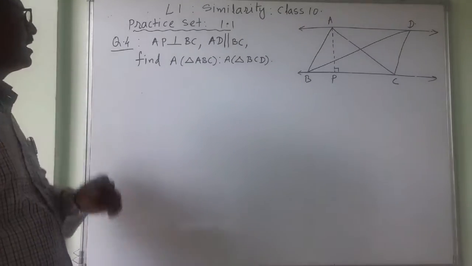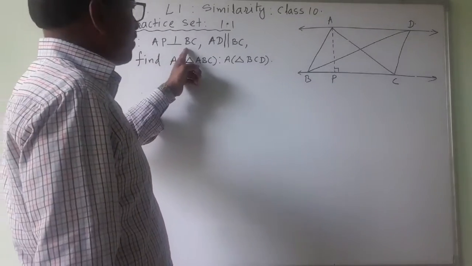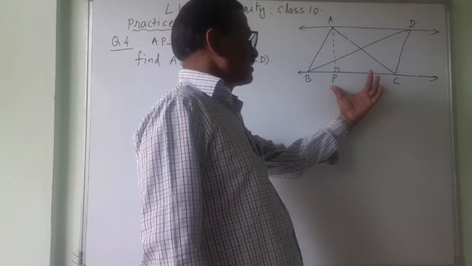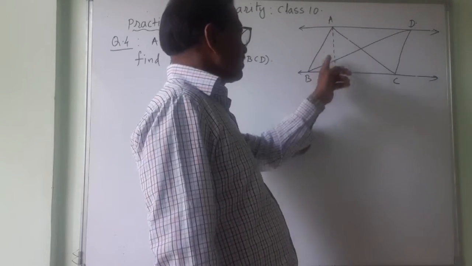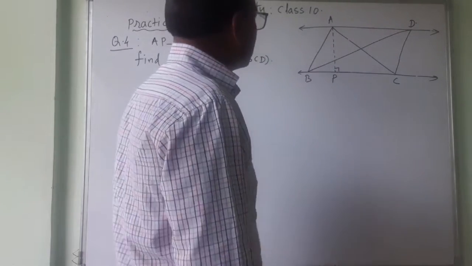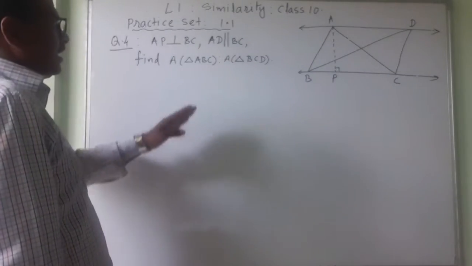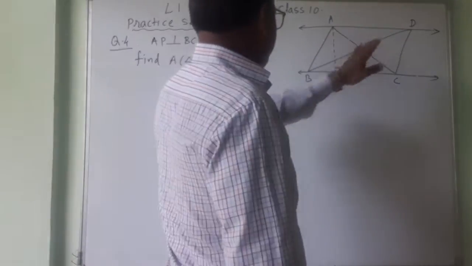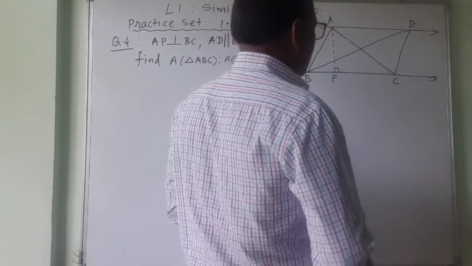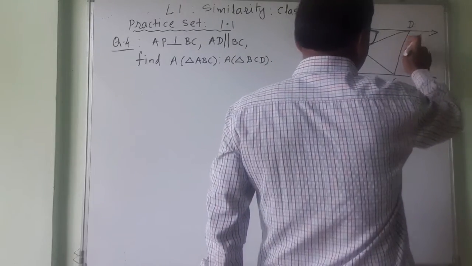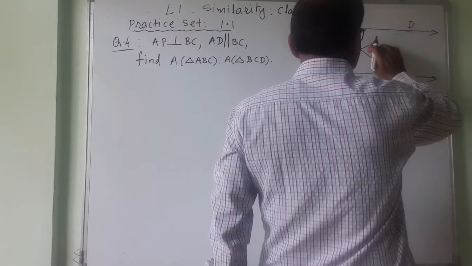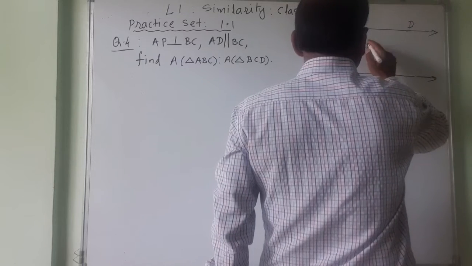In this, AP is perpendicular to BC, this is the side BC. AP is perpendicular to it. And AD is parallel to BC. This is not perpendicular. Though you may be seeing that it is perpendicular, it is not like that.